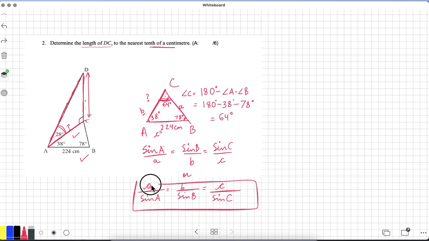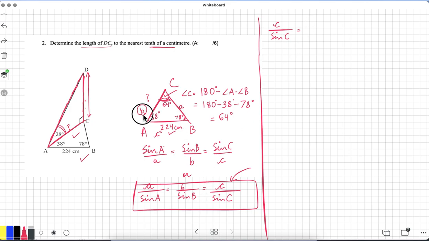Right now you can only pick two ratios. Notice that angle C is given and the side C is given, so I'm definitely going to take the ratio c over sine C. What other ratio can we pick?